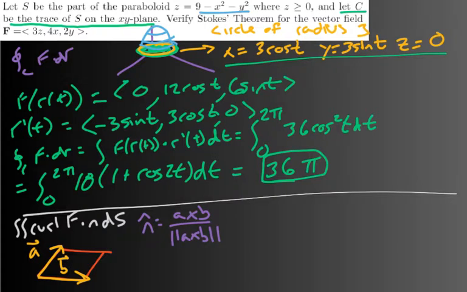We've done this before multiple times in other videos, but the way I built it up was, I think, first done when we did surface area. Generally speaking, a cross b is (minus f with respect to x, minus f with respect to y, 1).